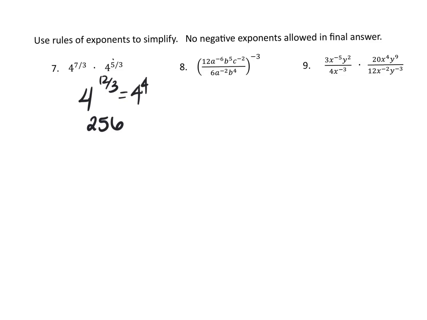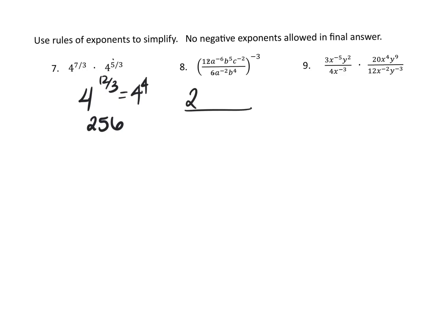Number 8. Number 8's one where I like to simplify what's inside before I deal with the exponents. And I like to move my negative exponents up or down so that they become positive. It makes the subtracting a little bit easier. So I get 12 divided by 6 is 2.